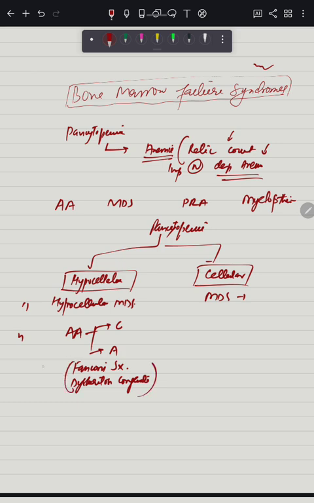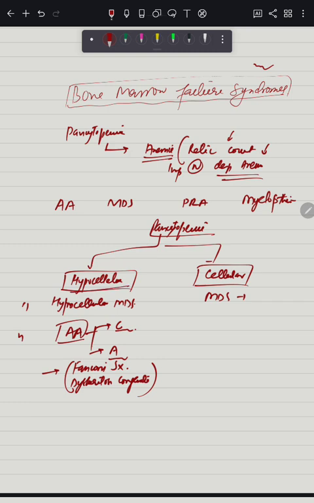This is constitutional and this is acquired. Aplastic anemia has pancytopenia with hypocellular marrow.